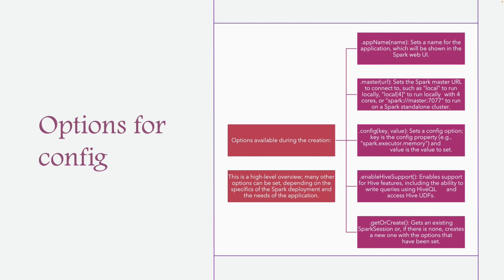If you have configured a local host in that server, you can give that URL. And then if you want to give some more properties like executor memory, you can provide those as key value pairs. And if you want to enable Hive support, you can give that, and finally getOrCreate.